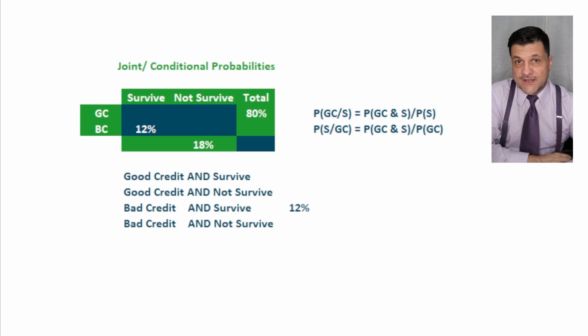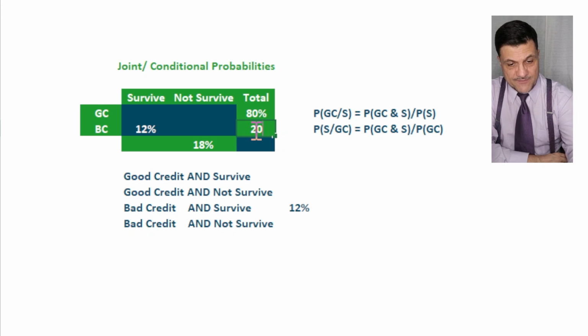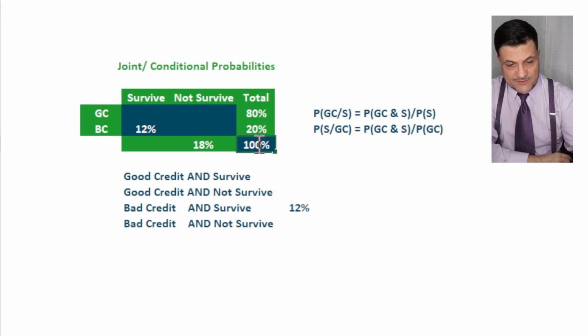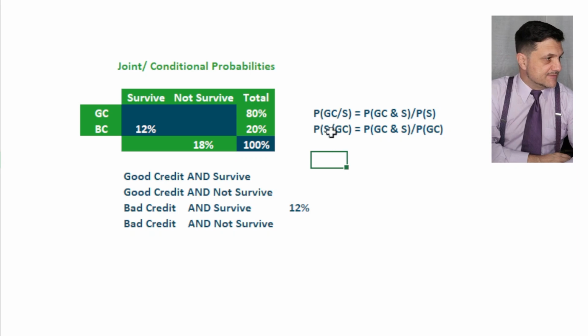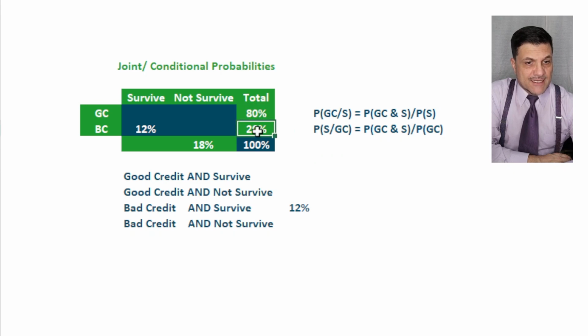That's what's written here. So what is your conclusion about companies that have bad credit in total, according to this example? Well, it has to be 20%, because the total has to be 100%. Look at that. So I'm completing the table using some logic, right? 80 plus 20, 100.